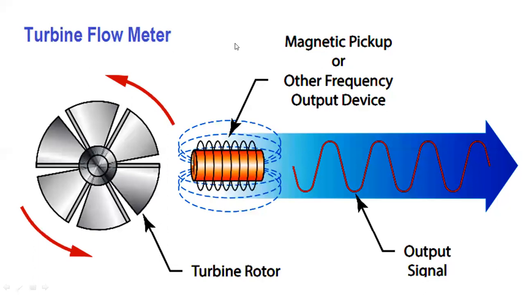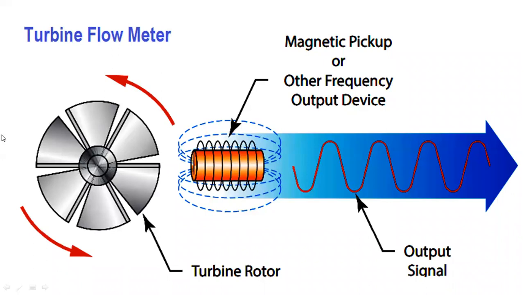In the turbine flow meter, a rotor is connected. In that rotor, the rotor vanes are placed with a connection of slip joints or bearings. Whenever flow occurs in the pipe, the turbine vanes rotate.